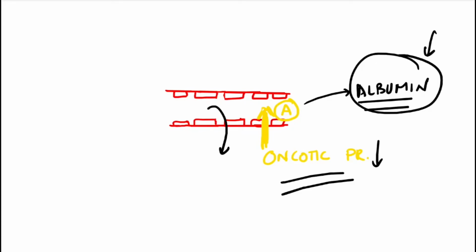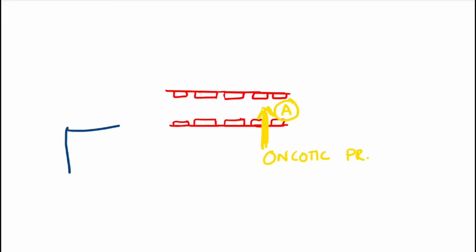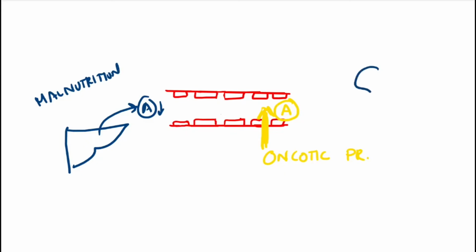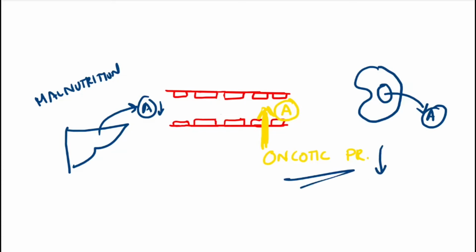So all those conditions where albumin is reduced in the blood can lead to edema, like reduced production of albumin from the liver, decreased intake of albumin like in malnutrition, or increased loss of albumin through the kidney in conditions like nephrotic syndrome, can all lead to reduced oncotic pressure and edema.